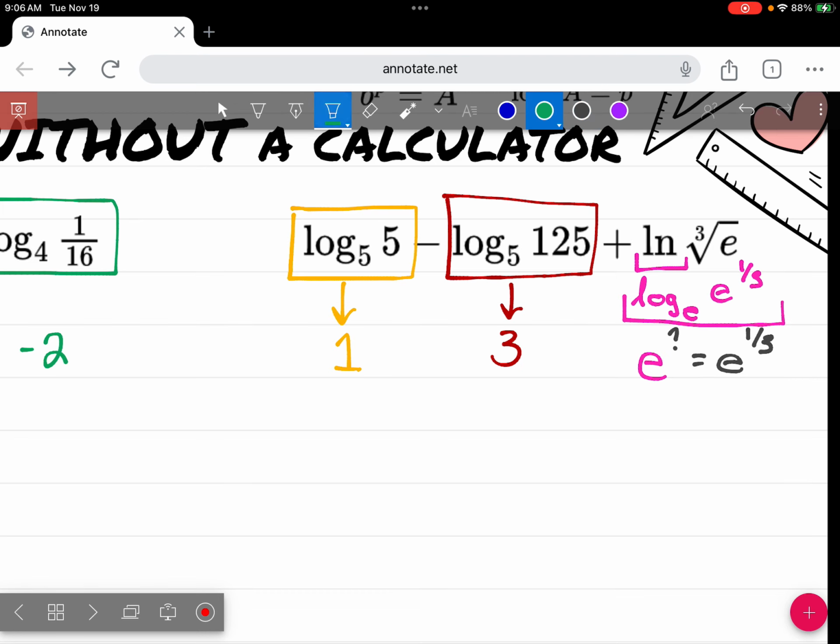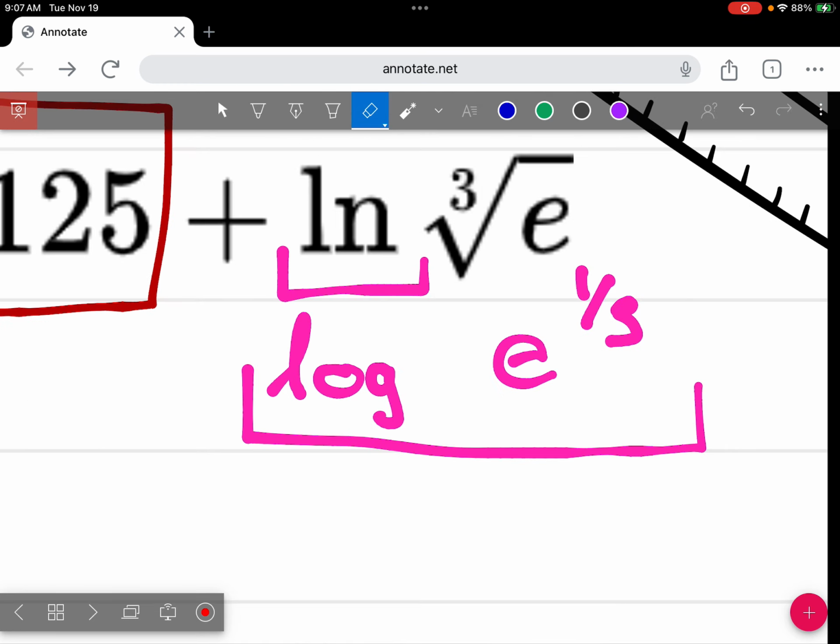I'm going to do that one slow. I'm going to switch this and do this in multiple colors. So I'm changing it. So log base e, that's what natural log is. And then we have our e to the power of 1/3. And we want to know what this equals.